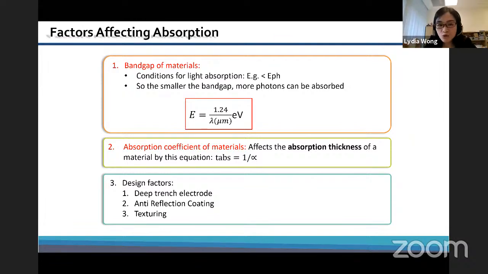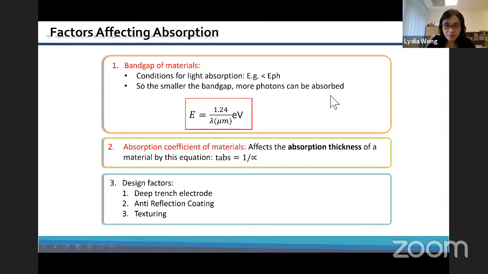So the material you choose must be those that can absorb very well, and this depends on the band gap of the semiconductor. Light absorption can only happen if the band gap of the material is smaller than the energy of the photons that is absorbed. The smaller the band gap, the more photons can be absorbed.